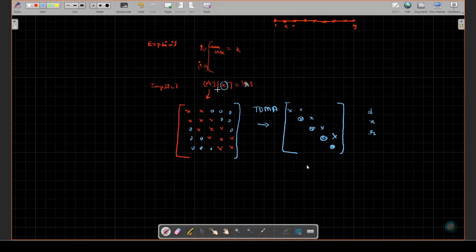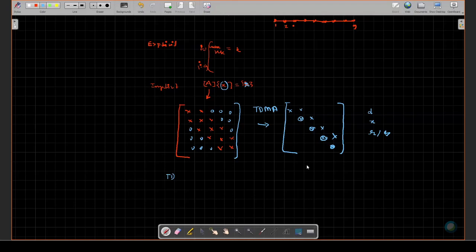This is R, or you can write Ax is equal to B. So we use this TDMA algorithm for this very specialized case where we could solve Ax equals B or Ax equals R. So you should know this TDMA.